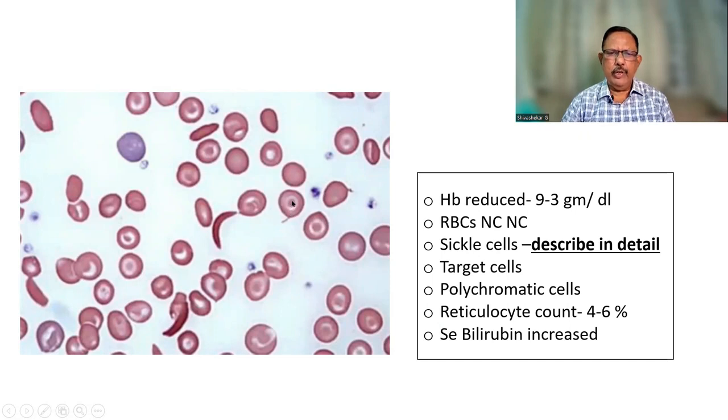Target means you have got a dot of hemoglobin in the center as well as the periphery. There can be precipitation of the sickle cells. As I told you, there can be some purplish, slightly larger cells, the reticulocytes. WBCs and platelets are not affected. The reticulocyte count is increased because it is a hemolytic anemia, and so is the serum bilirubin because of hemolysis.